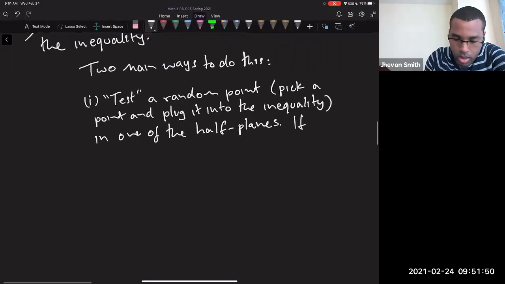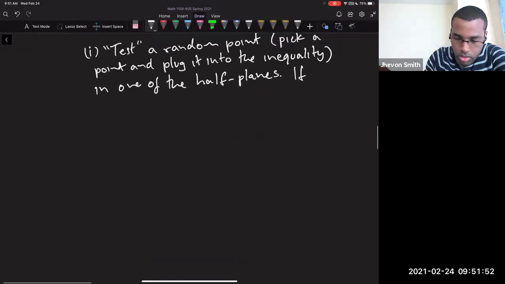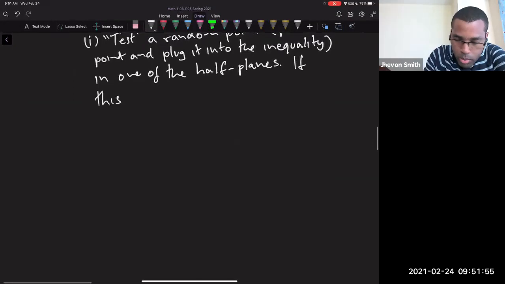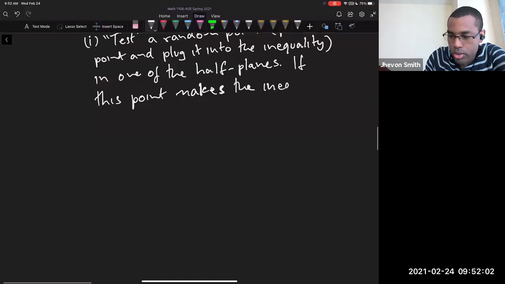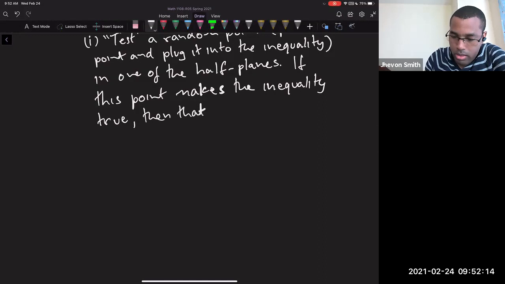If this point makes the inequality true, then that half plane is the solution.